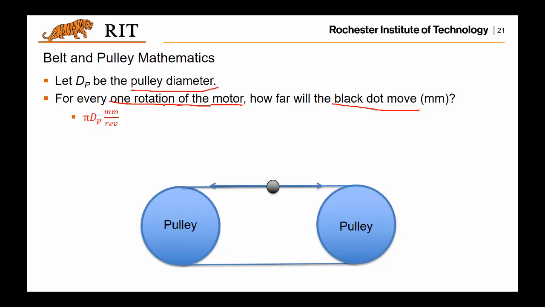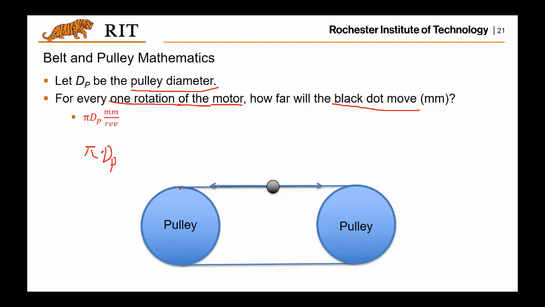So with one turn of the motor, this pulley will also move one turn, and that means this pulley travels one of its circumferences. So in that case, you just need to compute its circumference. That is pi times its diameter, which is d, right?